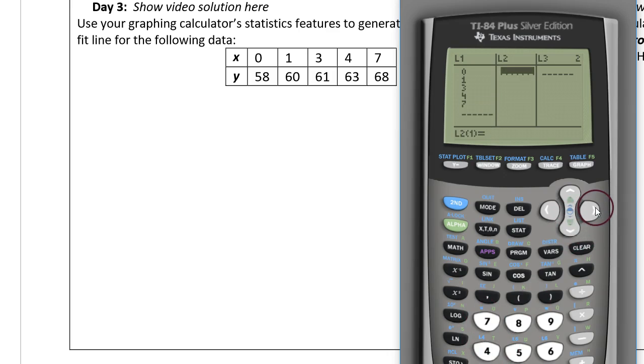Then use the right arrow to hop to the next column, list 2. Use list 2 to keep track of your Y values: 58, down arrow, 60, down arrow, 61, down arrow, 63, down arrow, and 68. We've inputted the ordered pairs into the calculator.